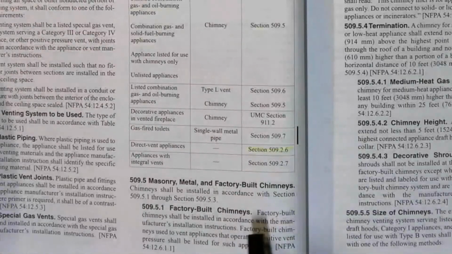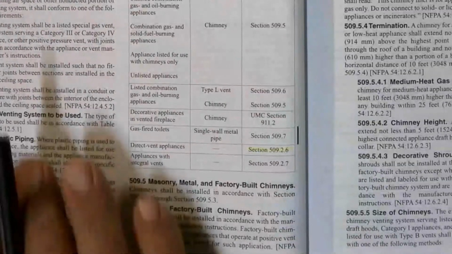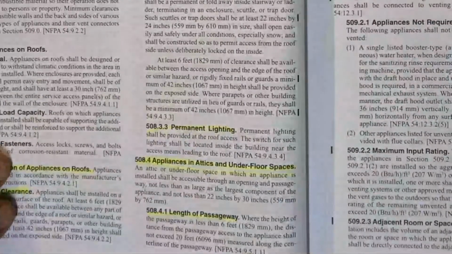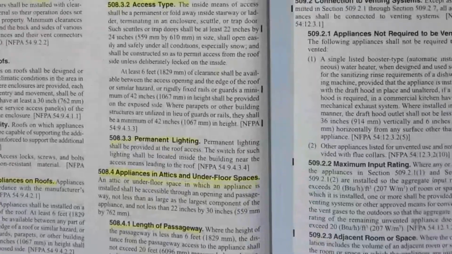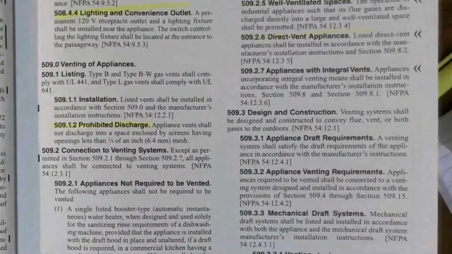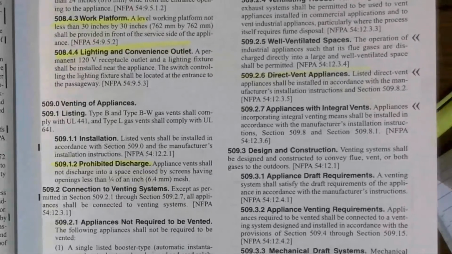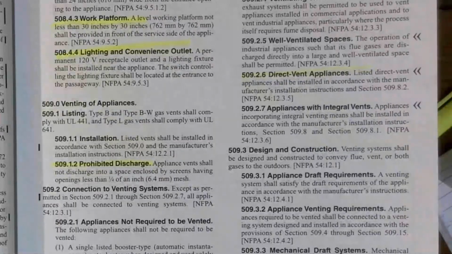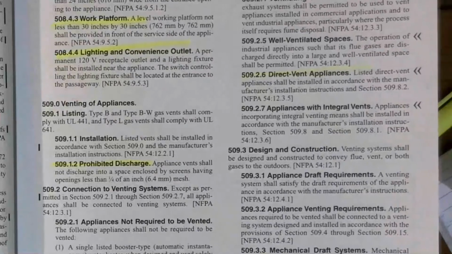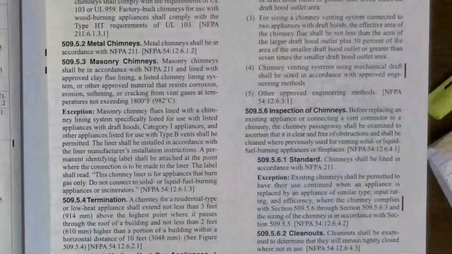We go to section 509.2.6, okay, which we already talked about. Right there, right? Says listed things need to be done by the manufacturer's installation instructions and section 509.8.2. So then we go back to 509.8.2.